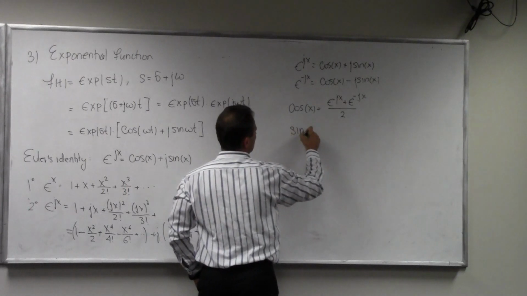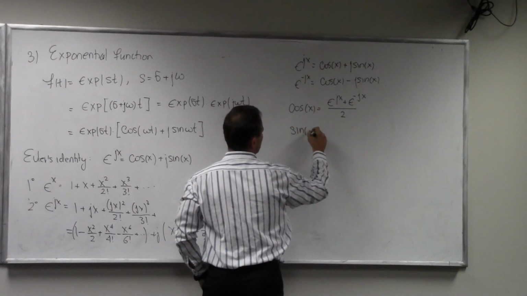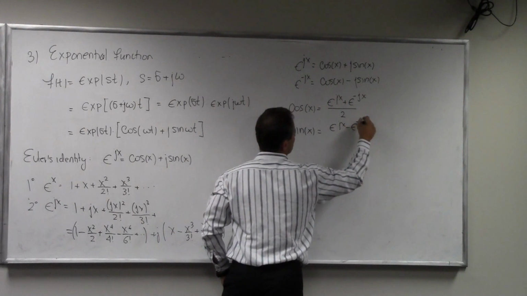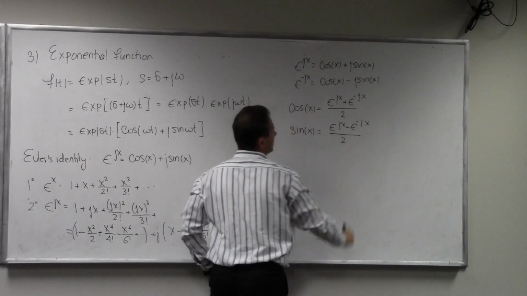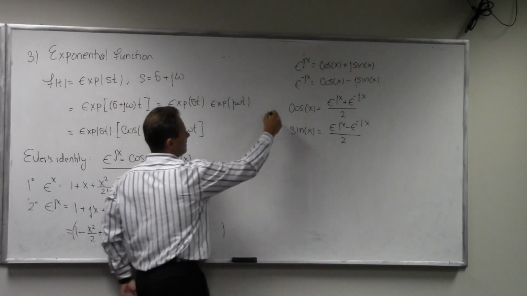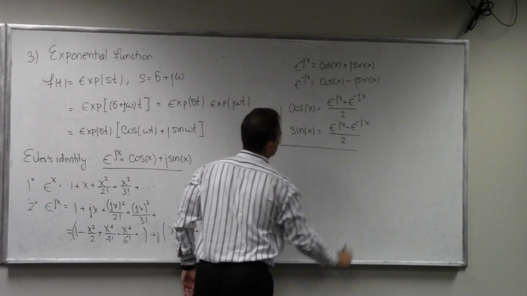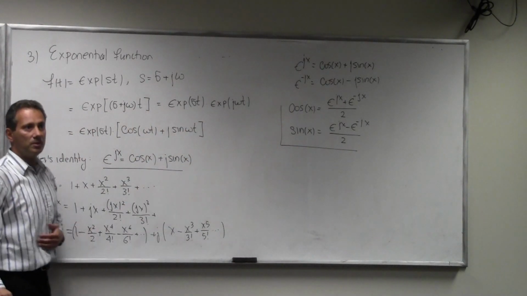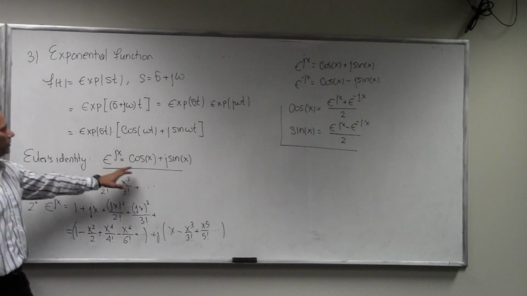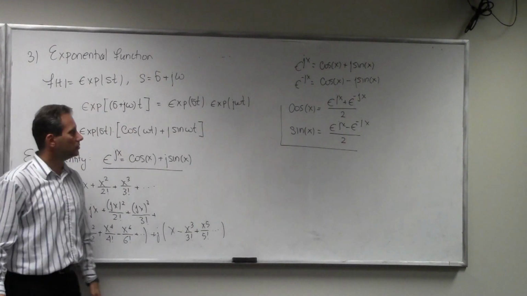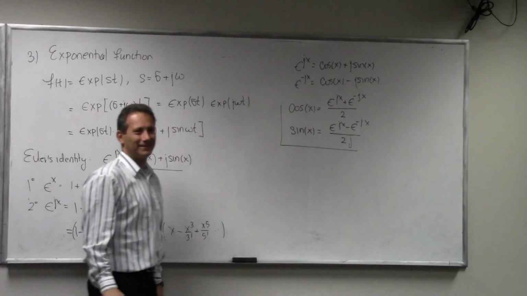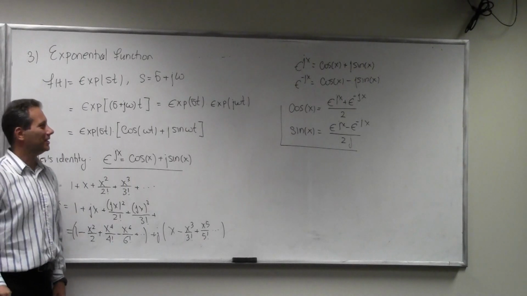And I can do the same thing if I subtract these two. So I get sine of x is e to the jx minus e to the minus jx over 2j. So we're going to be using this one and these two all the time. You've seen where they're coming from, and it would benefit you greatly to just know them. Most of the students know them, except that I made a mistake: 2j. There's a j downstairs.